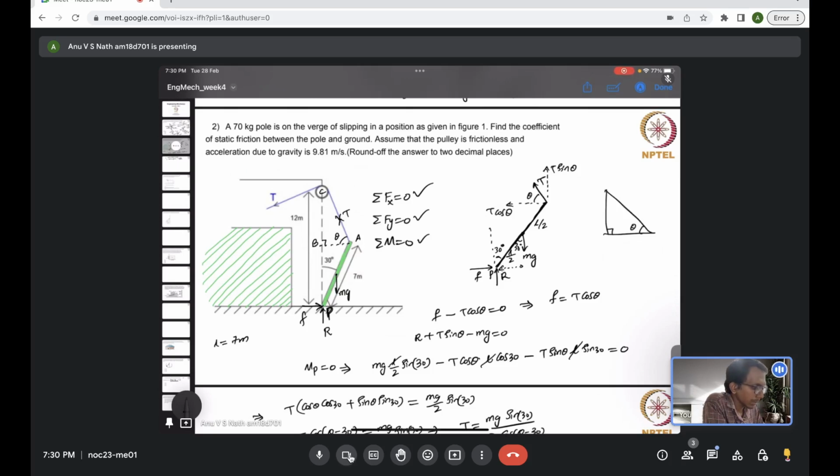So it's theta here, this is B here, A here and C here. The adjacent length to theta is just 7 sin 30, because this is the projection of the 7 meter length of the pole along the horizontal direction, which is 7 sin 30.